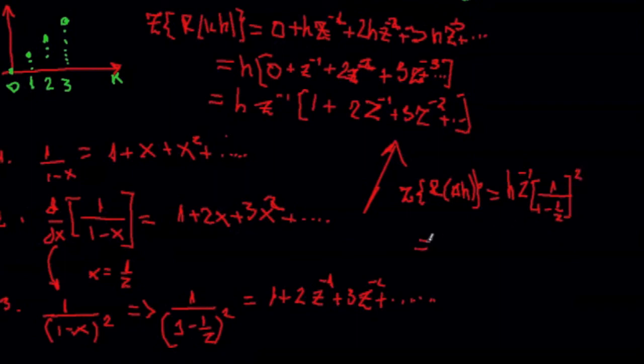In other words, finally we get H z over (z minus 1) squared. Okay? This is the final expression for the ramp function z transform.